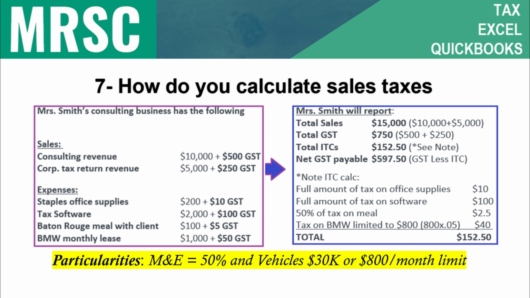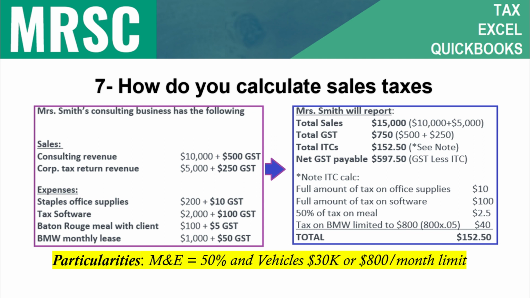And I need to provide a little bit more explanation because there are some particularities about her ITCs. So first of all, for the office supplies, the full $10 was taken. For the software, the full $100 was taken. But for meals and entertainment and for the vehicle monthly lease, the full amounts were not taken. The reason is that for meals and entertainment, you can only claim 50% of those amounts.